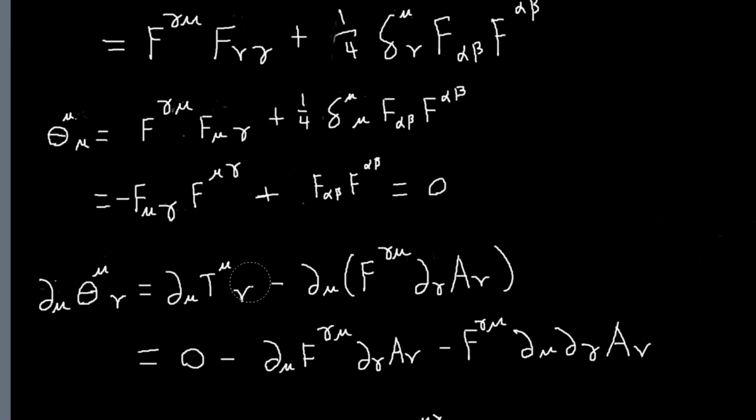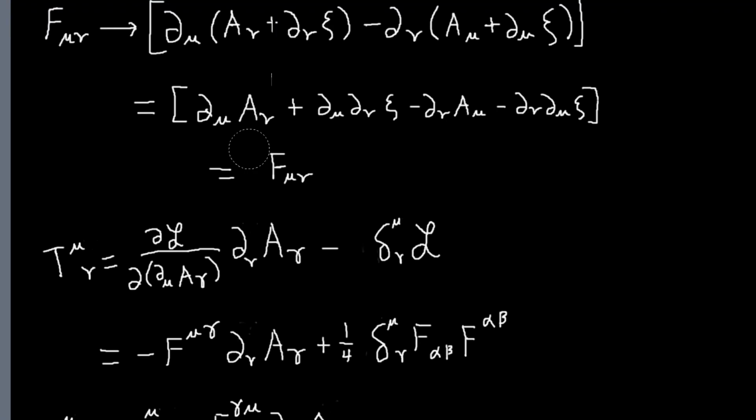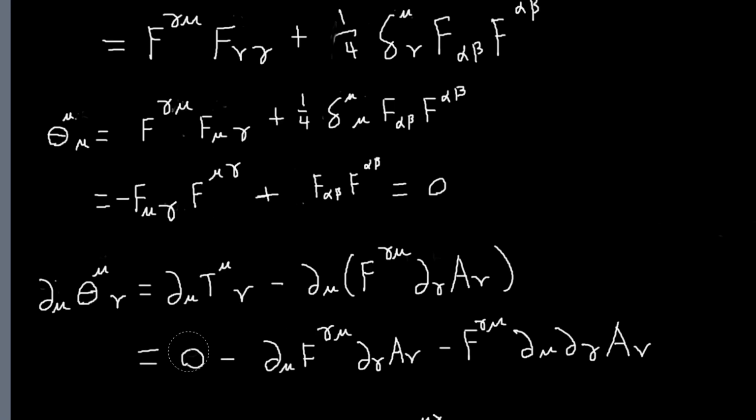But our original energy momentum tensor, of course, is conserved because we derived that from this expression, which we have already shown is conserved. So that's just 0. And then we have this term, which we'll have to do with product rule. So the first term looks like this. Derivative is acting on F gamma mu.